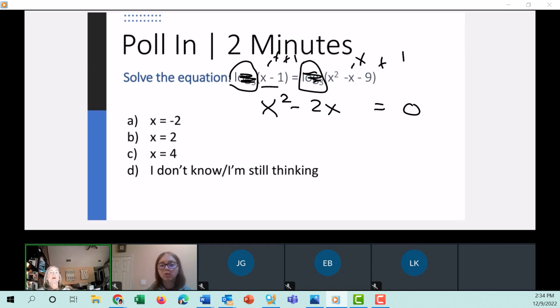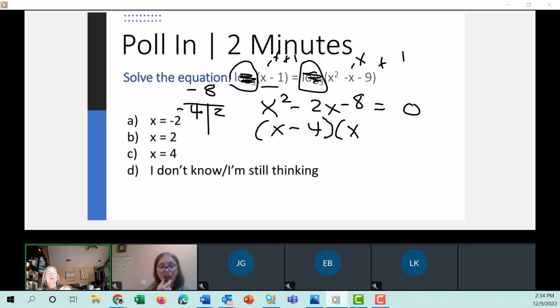And then negative 9 plus 1 is negative 8. So again, we want to factor that. What are the two factors of negative 8 that multiply to give you negative 8, but add to give you negative 2? I think that's going to be a negative 4 and a positive 2. So put that into these two binomial factors, x minus 4 and x plus 2 equals 0.